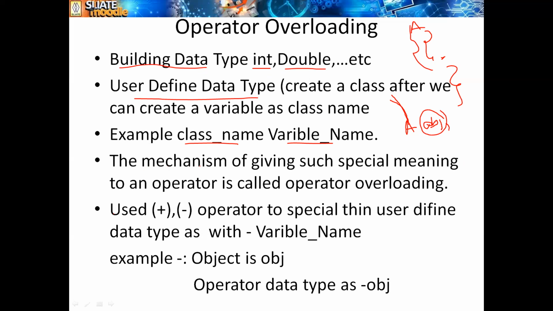The mechanism of giving such a special meaning to an operator is called operator overloading. We can give a special meaning to operators like the plus or minus operator for a user-defined data type.